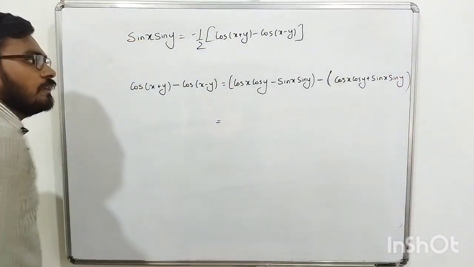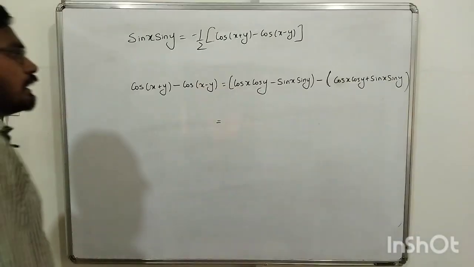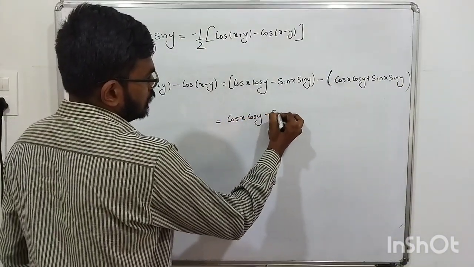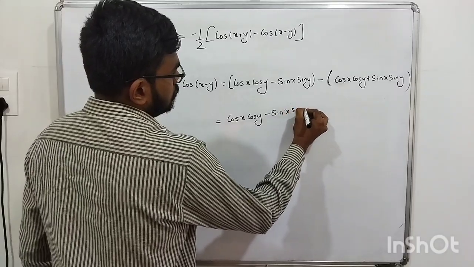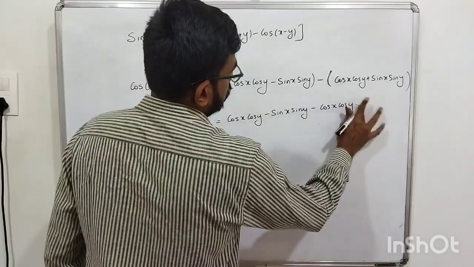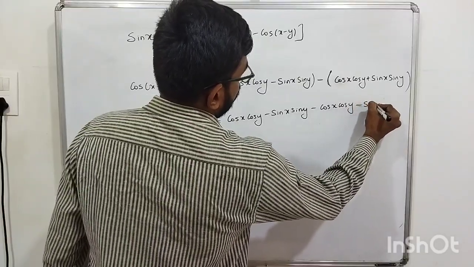After this, when we remove the bracket, we get cos x cos y minus sin x sin y minus cos x cos y, plus into minus, again minus sin x sin y.